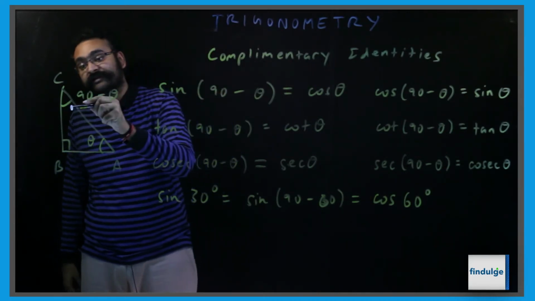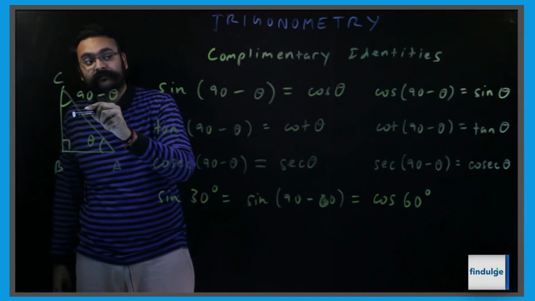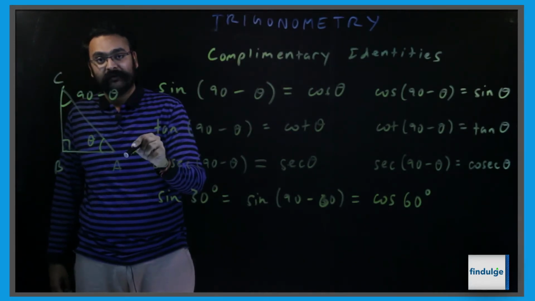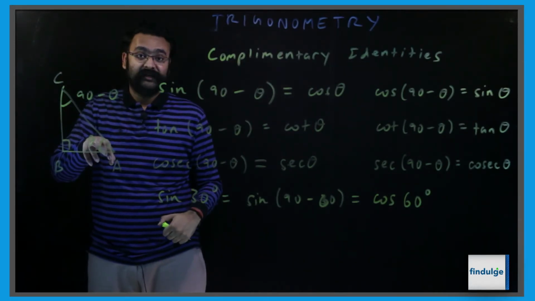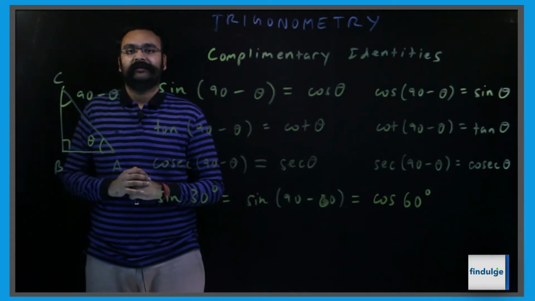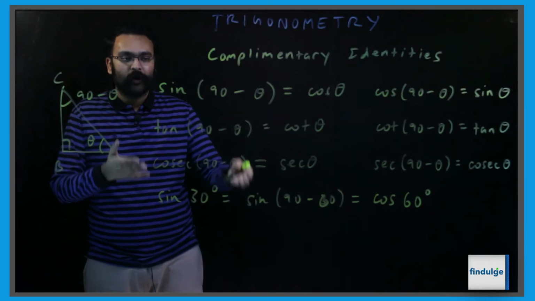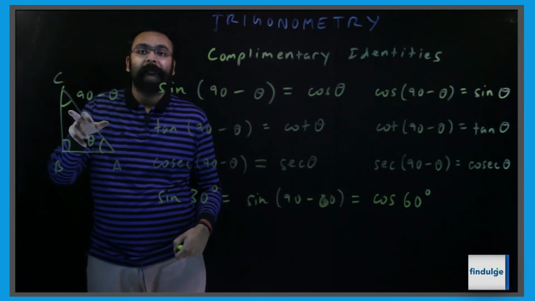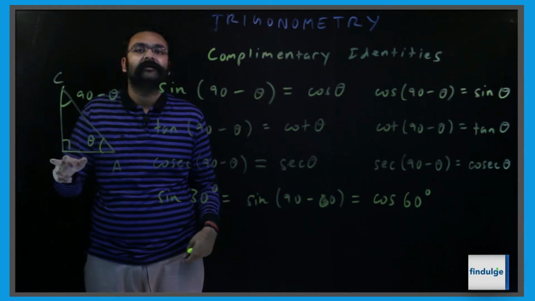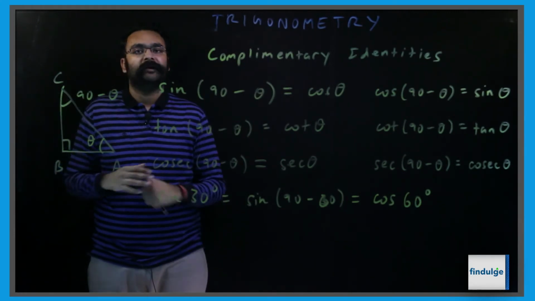We know sine 90 minus theta is equal to AB upon AC. Cos theta is also AB upon AC. And like that, all of them. Tan 90 minus theta will be AB upon BC, which is cot theta, base upon perpendicular.